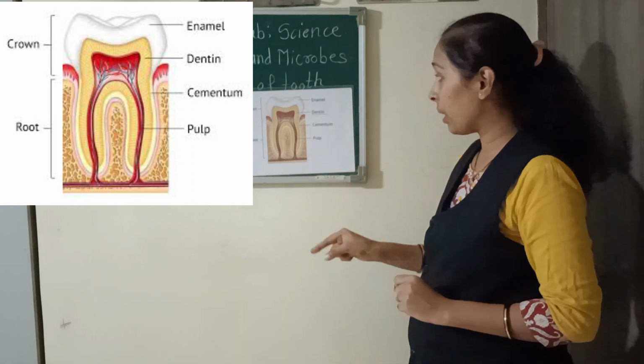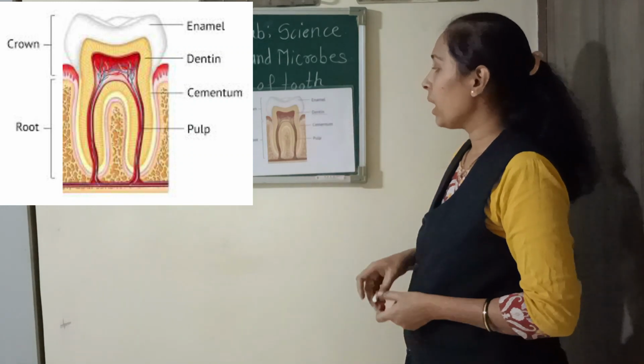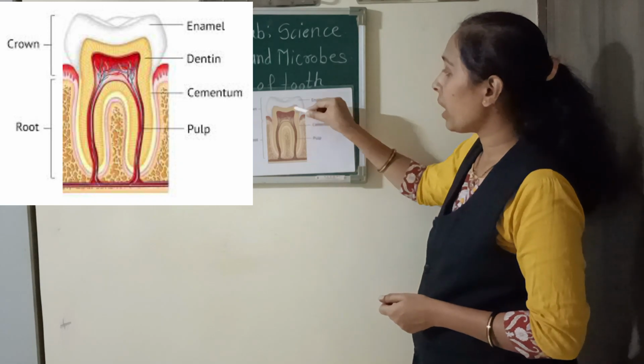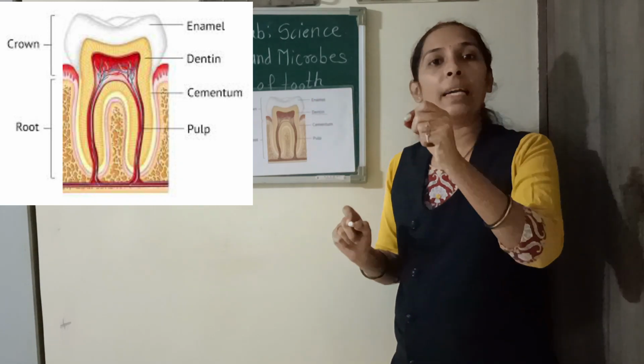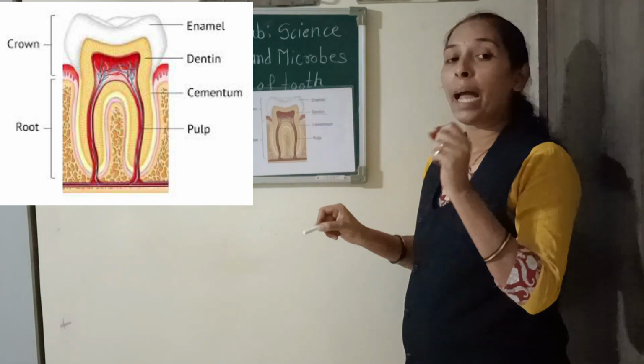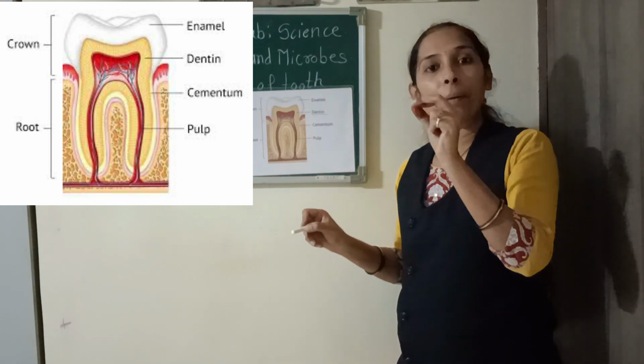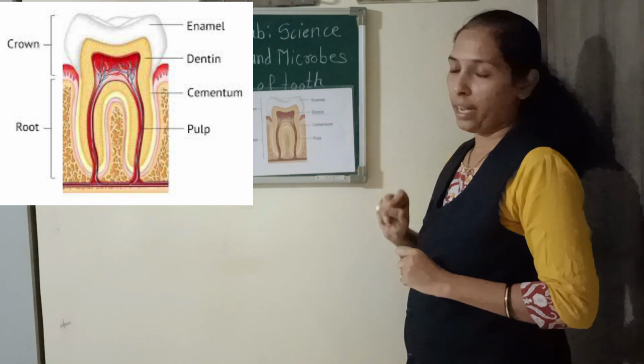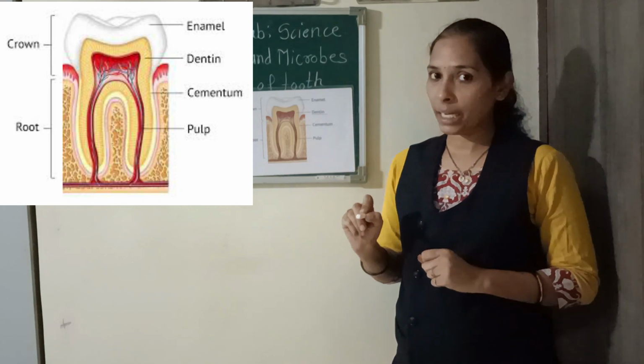Next, inside the enamel there is one more hard layer, the main hard part of the tooth, and it is called dentine.